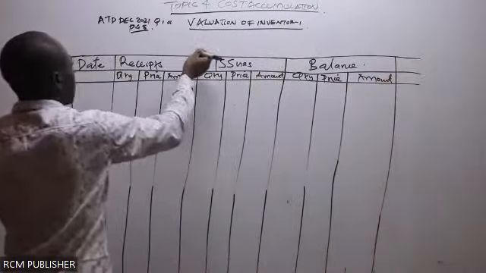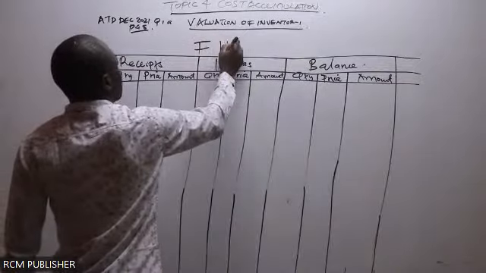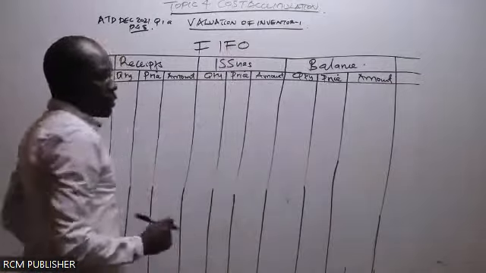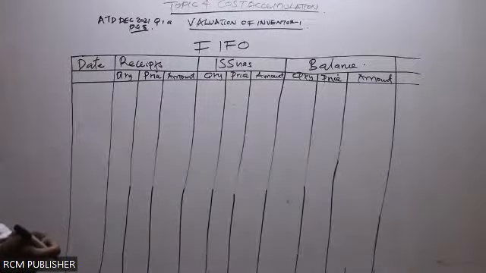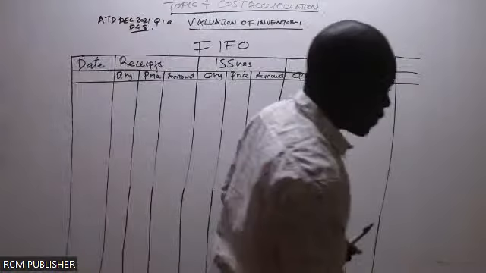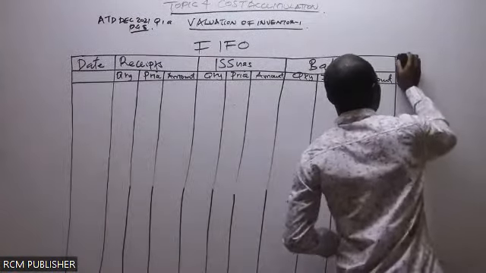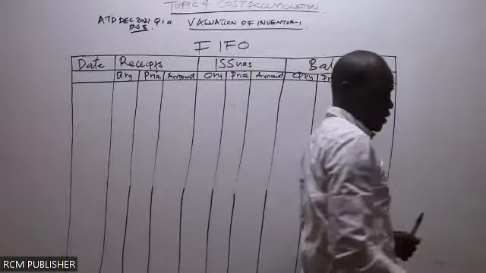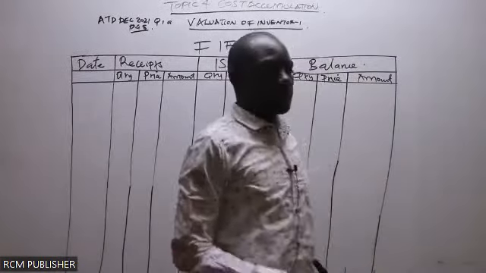Don't forget the method we were applying, FIFO. So that is what we need to put in place. Let's all of us have this format before we proceed to getting the solutions.